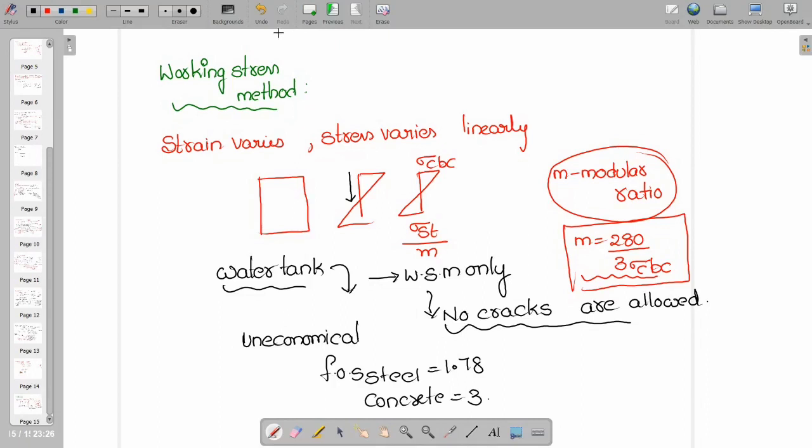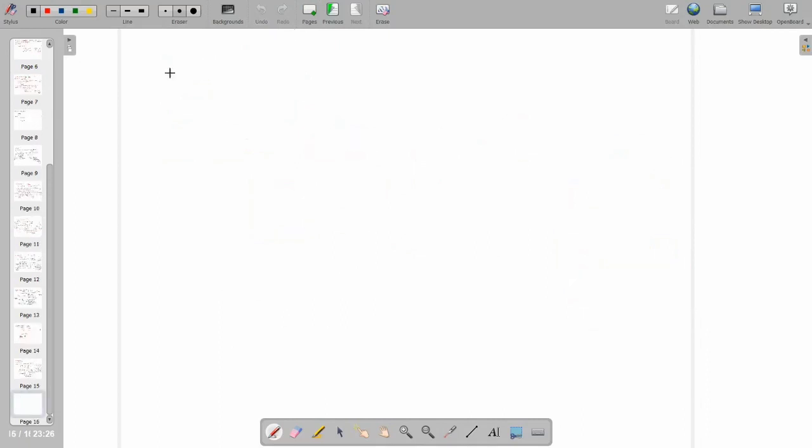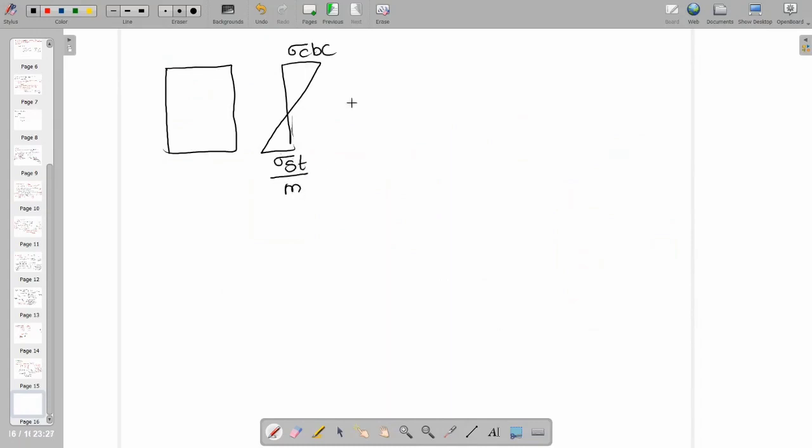Now see, students, if you consider a section here, if you consider the stresses here, it will be equal to how much, sir? It will be equal to sigma cbc, and this will be equal to sigma st by m. Now see, if you consider this stress diagram, if I consider this as depth of neutral axis, that is kd, where k is a constant.